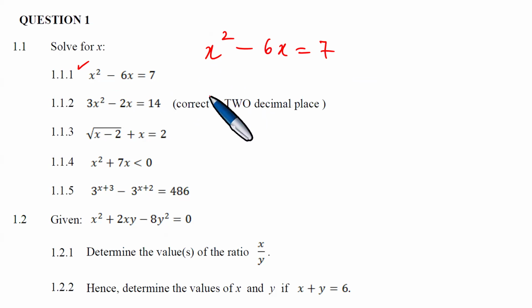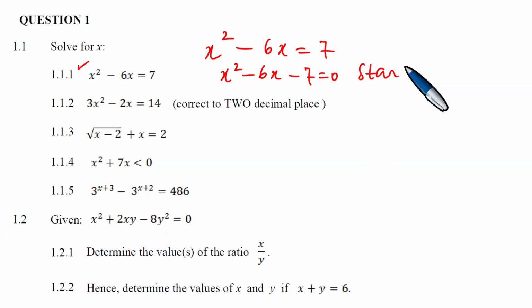We should express it in standard form. So we write this quadratic equation in standard form, and this equals 0, and this is what we call the standard form of the quadratic.